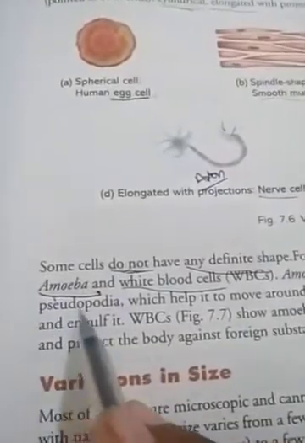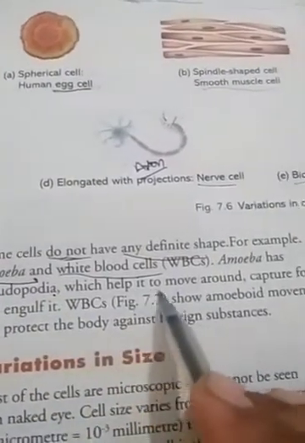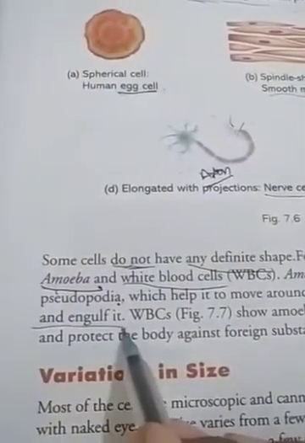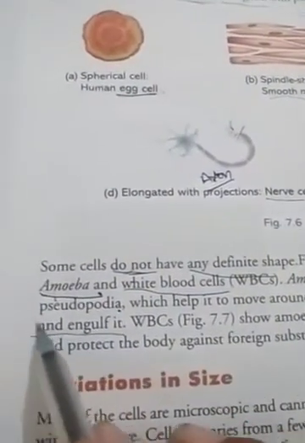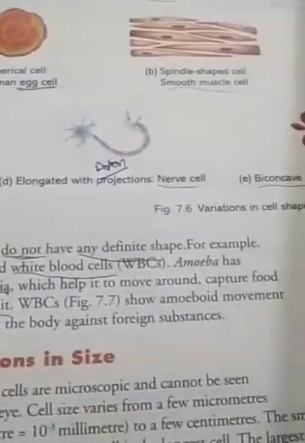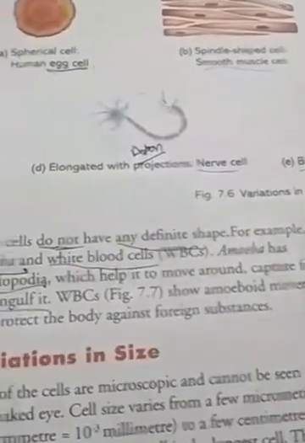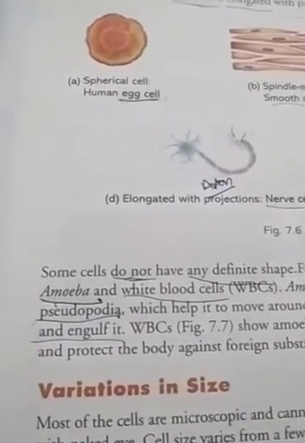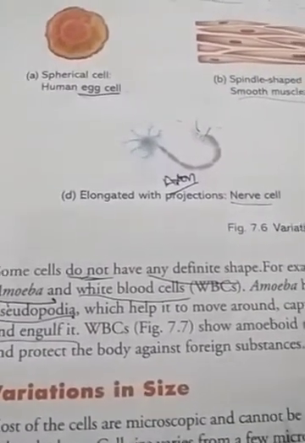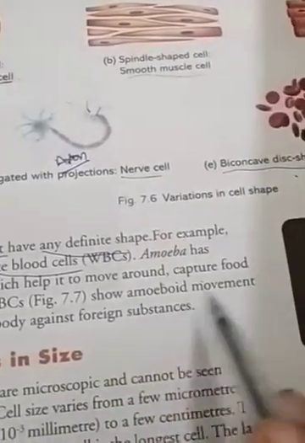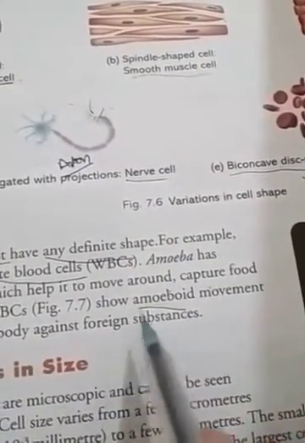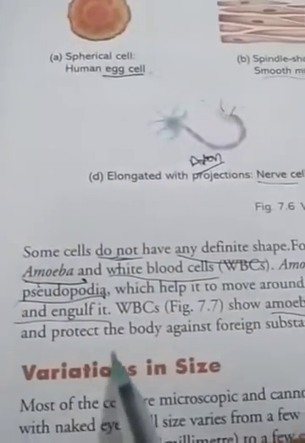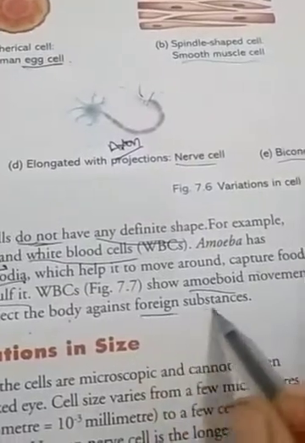Amoeba has pseudopodia which help it to move around, capture food and engulf it. With the help of these pseudopodia, it can take in its food, move around and digest its food also by changing its shape. They show amoeboid movement and protect the body against foreign substances.